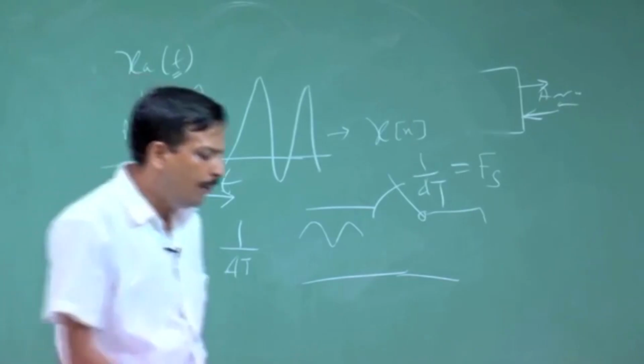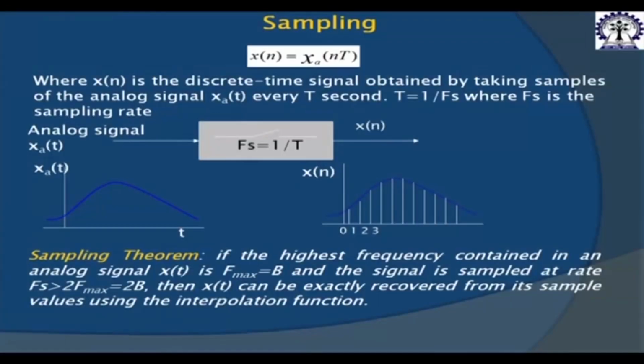Now the sampling theorem, explained in this slide, says it is possible to completely recover the signal from the sampled signal, with a constraint.